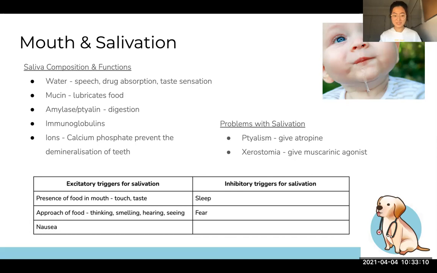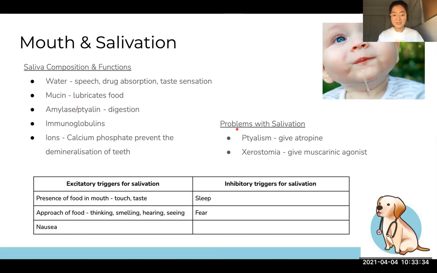Just know that amylase is present within your saliva, so digestion actually starts in your mouth instead of somewhere further down in the GIT. You've got immunoglobulins, which is basically the immune system, and ions, basically calcium and phosphate, to prevent demineralization of teeth. This stuff isn't too important. Just make sure you know amylase is present in saliva.